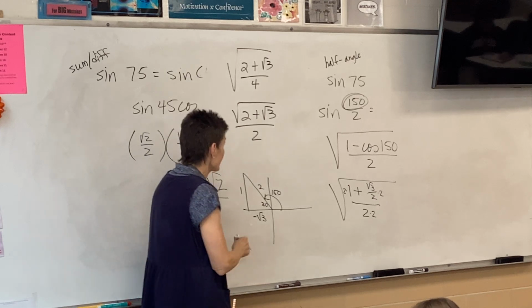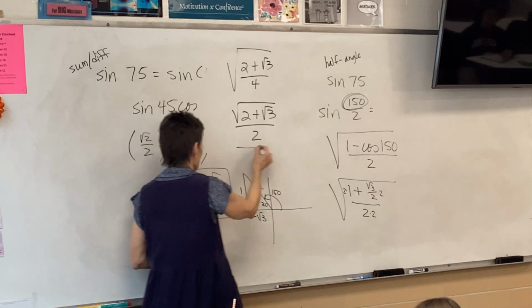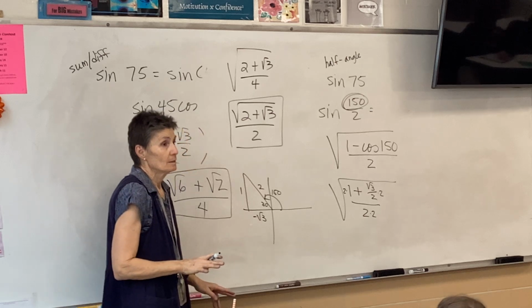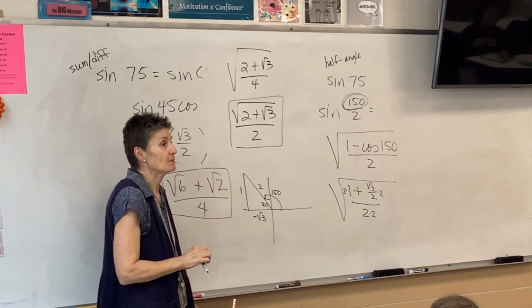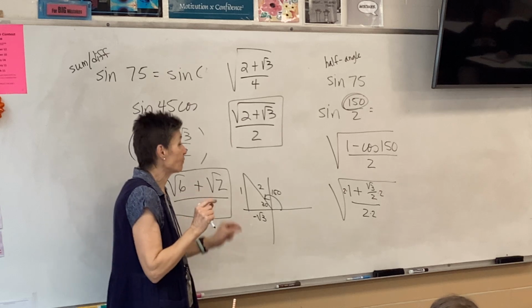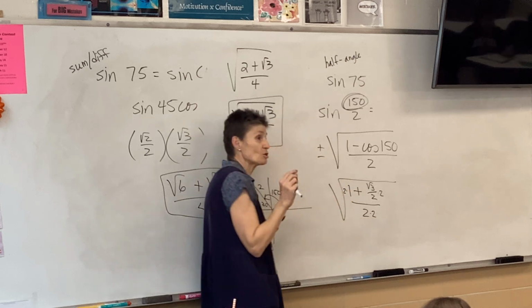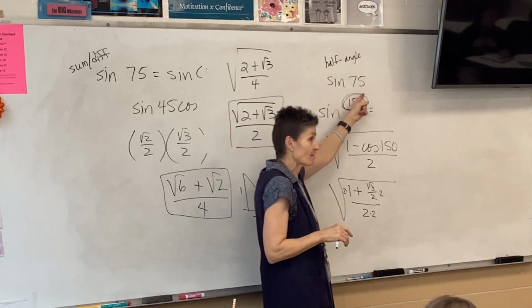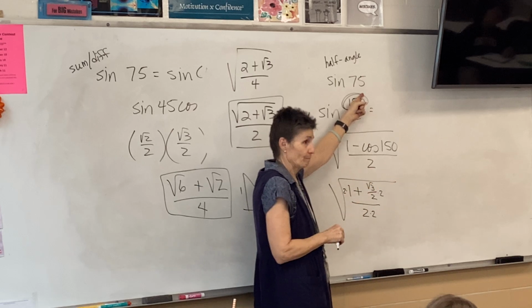Now, this answer right here and this answer right here are exactly the same number. They just come out looking differently. One thing I didn't talk about here, what about this formula? There's a plus or minus out in front of it, but this is where you stop for a minute and say, okay, wait, I'm finding the sine of 75, right? Where's 75?